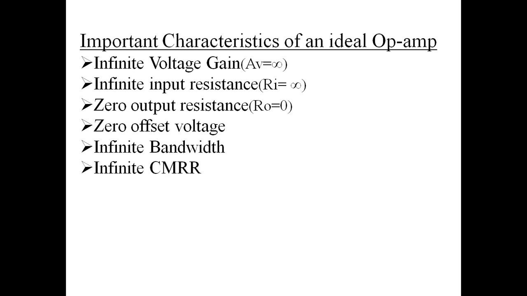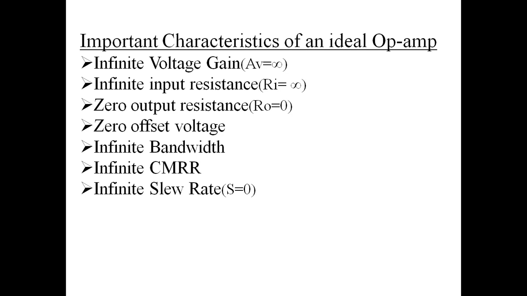Next important characteristic, infinite CMRR. CMRR stands for common mode rejection ratio. An ideal operational amplifier has an infinite CMRR. That means its common mode gain is 0. Next characteristic, infinite slew rate.